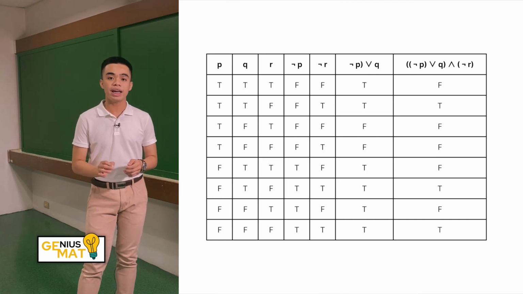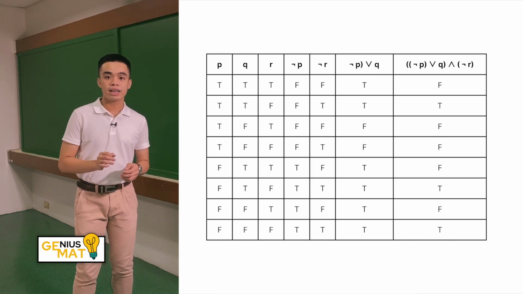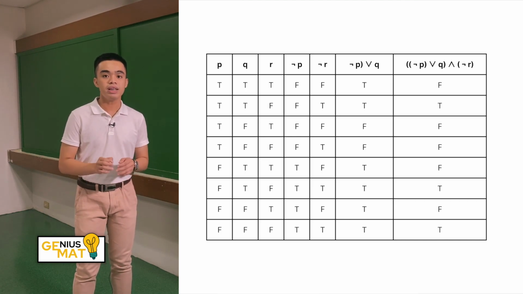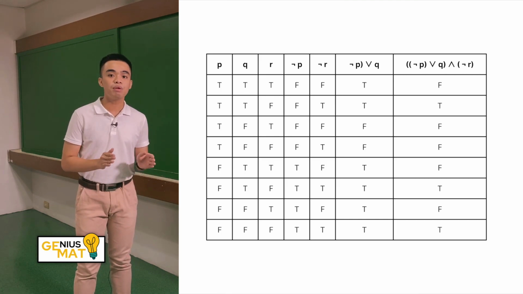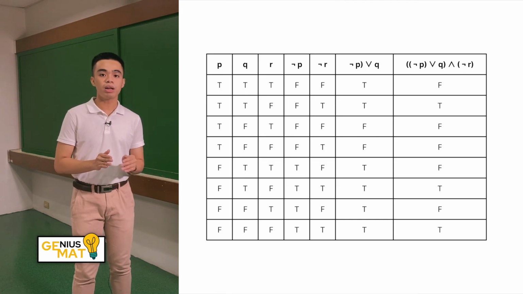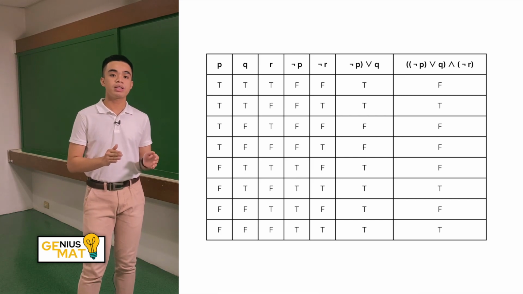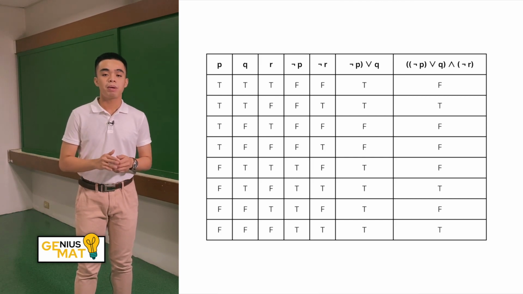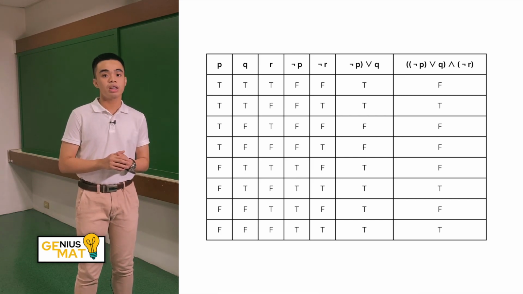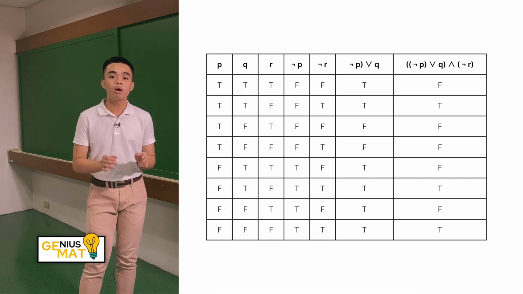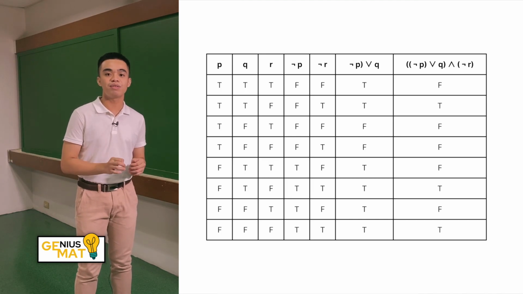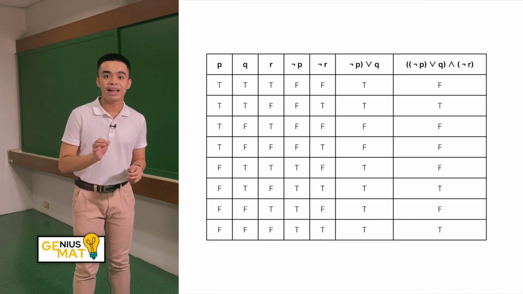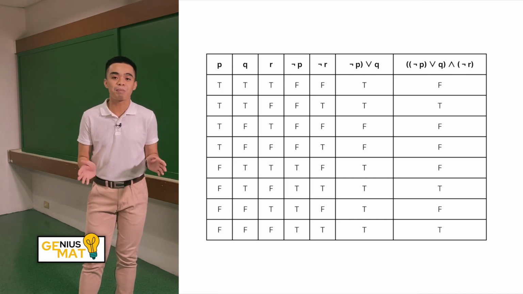Now we need to negate the columns P and R as required in the proposition. In short, all T's will become F's and vice versa. Now we find the truth values of column (not P or Q) first because they are contained in a parenthesis. By the definition of disjunction, the statement is true if one is true. Lastly, we find the truth values of (not P or Q) and not R, which is our proposition.